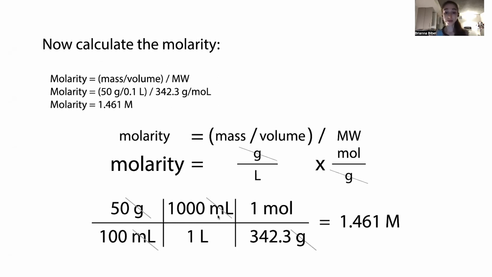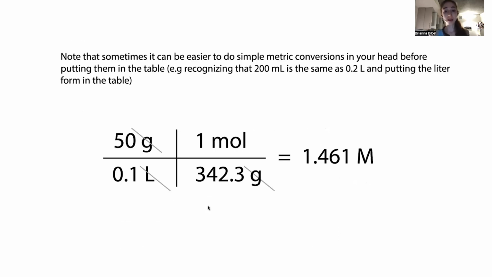But whatever works best for you, it's totally, totally valid. And sometimes maybe your teacher even will make you do it this way, where you actually explicitly put it in, and this can help you from making stupid errors as well.